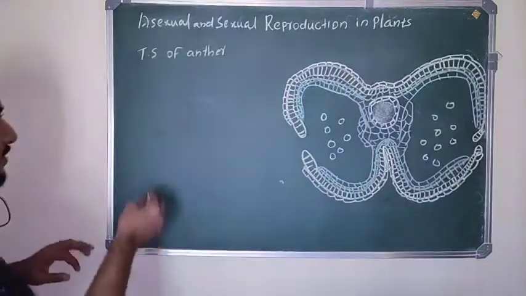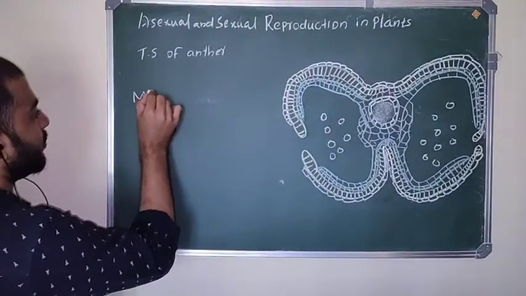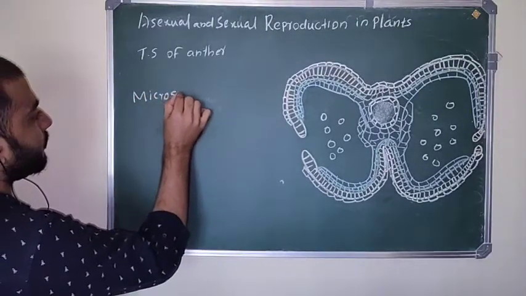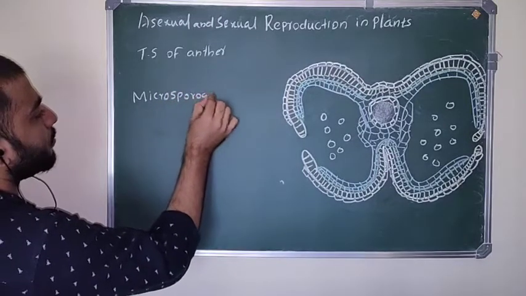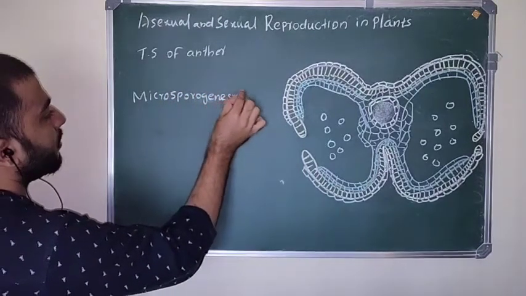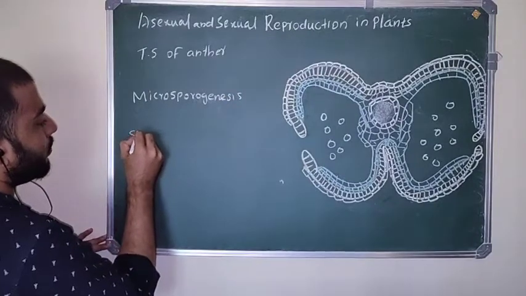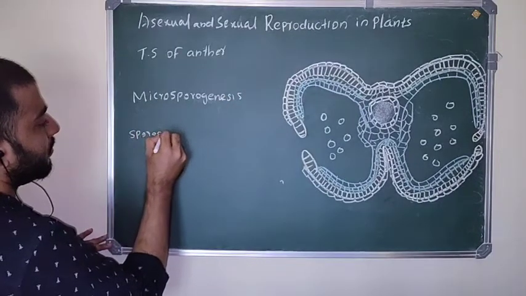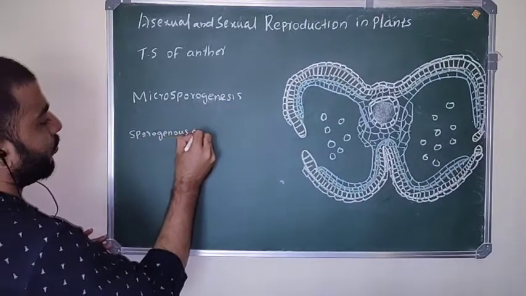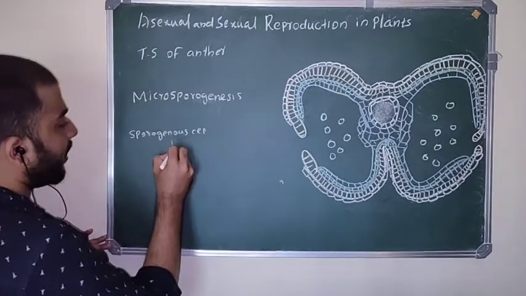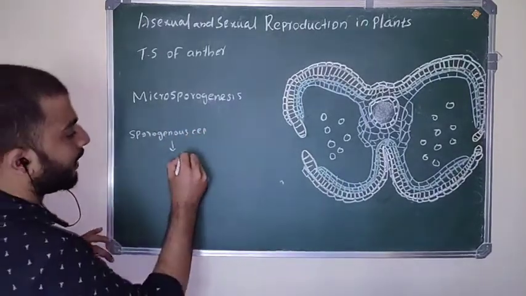Okay, so just revise it once again. Microsporogenesis, what is this? From the sporogenous cells, you know what a sporogenous cell is, the sporogenous cells undergo mitotic division.